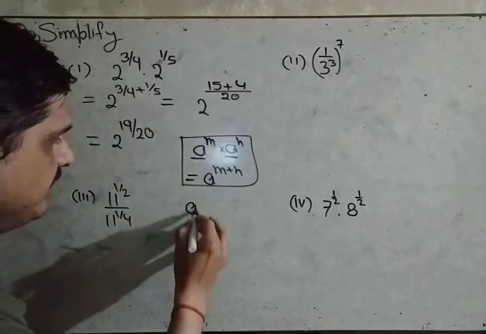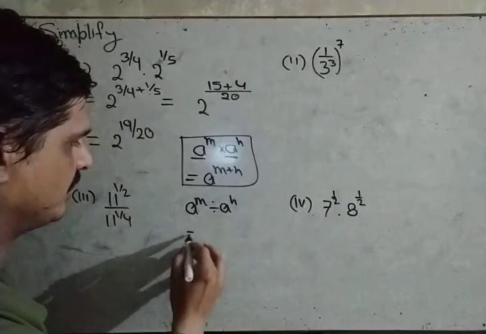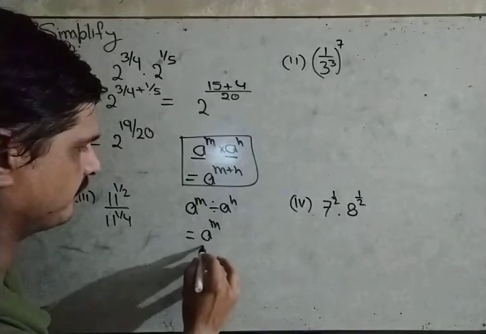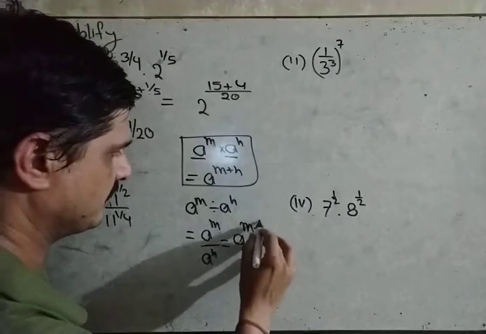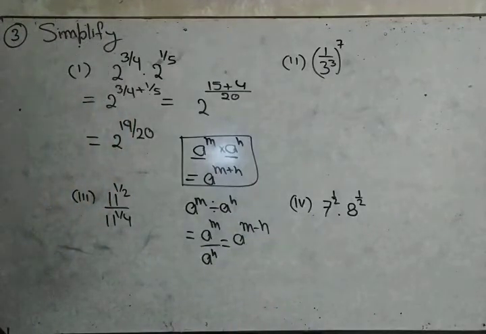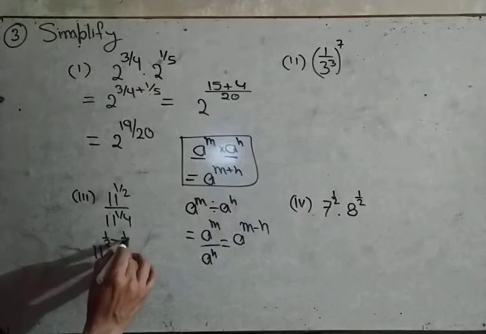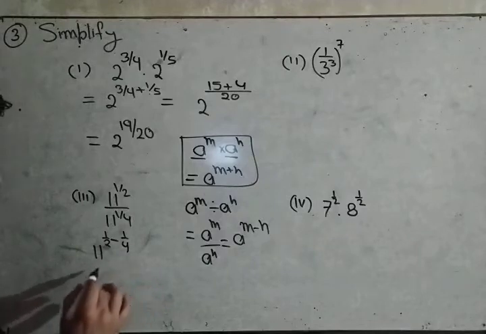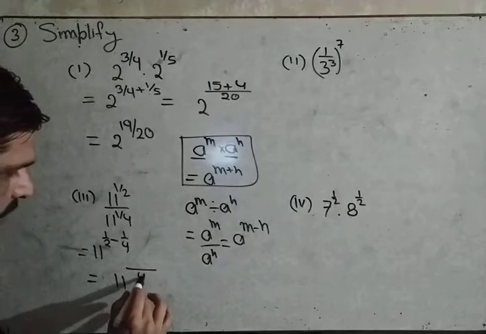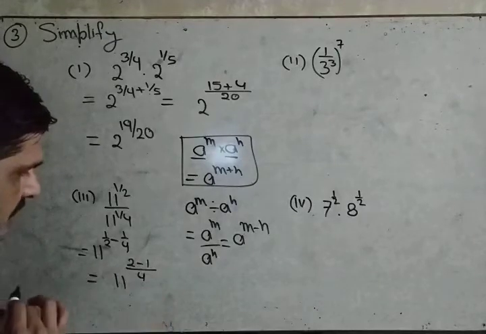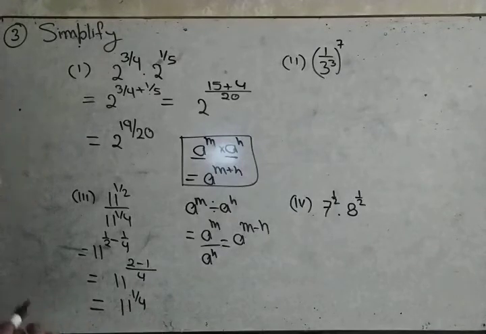In this, if a^m is divided by a^n, you can also write it in this form. It means the power should be subtracted. So you can subtract the power. What is the LCM? 2 minus 1, that can be written as 1 by 4.